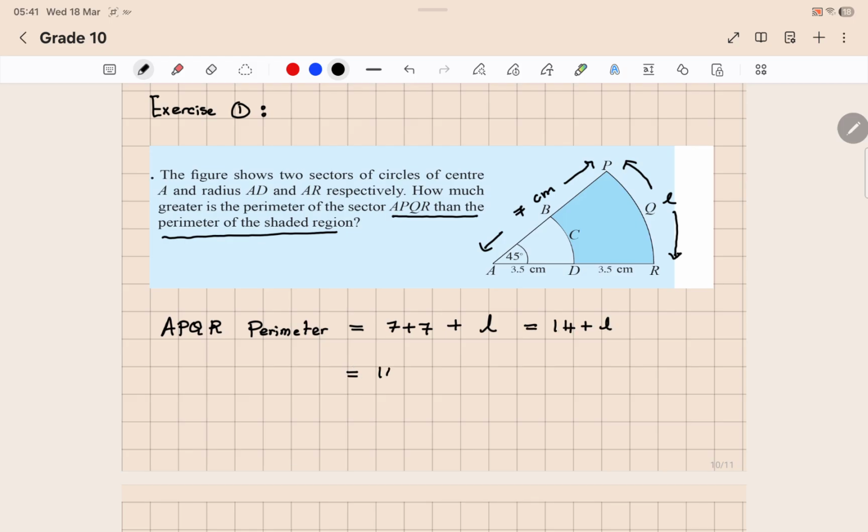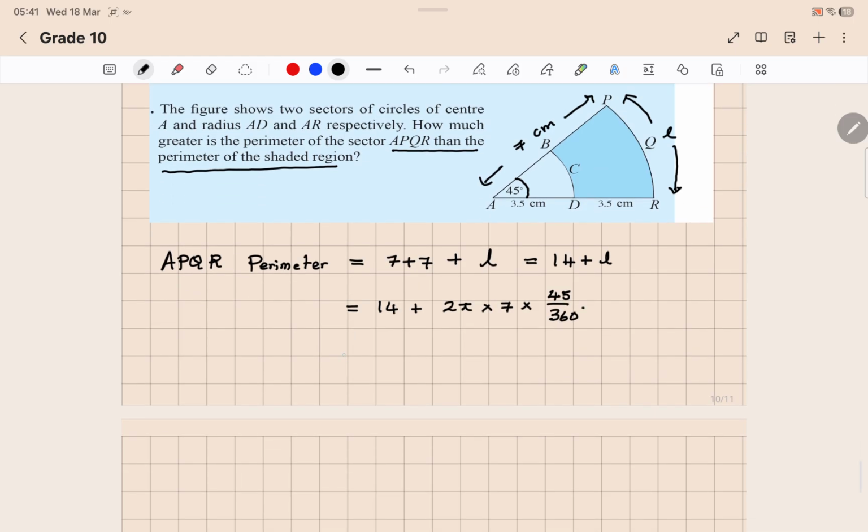and L is what? 2 pi, radius is 7, angle at the center is 45 degrees. So 45 over 360. Right, let's simplify.